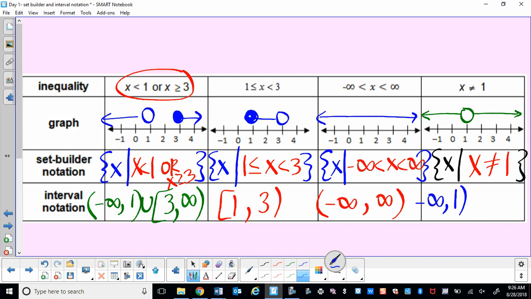What about my negative infinity? Always, always parentheses. My graph does not stop there, so I put union, which means and I keep going from 1 to positive infinity. Both of them will get parentheses because that 1 is not included, so we don't have any brackets.